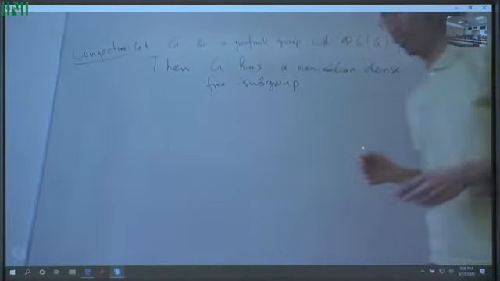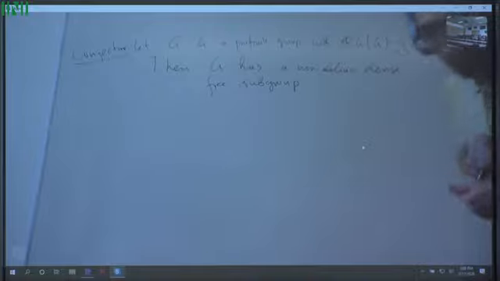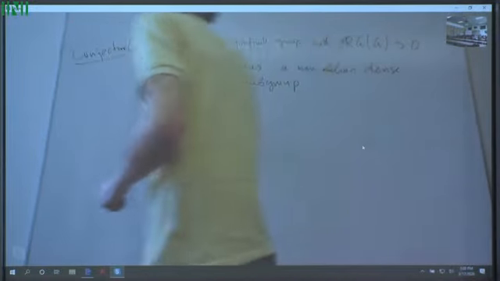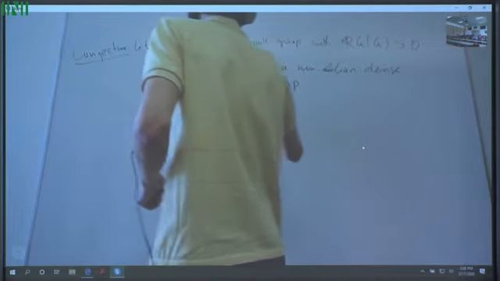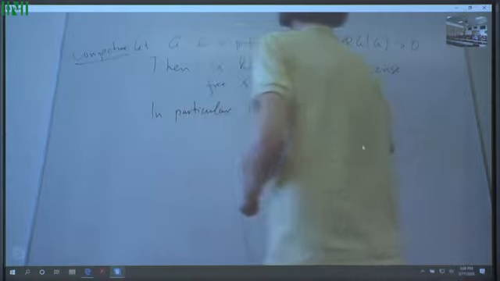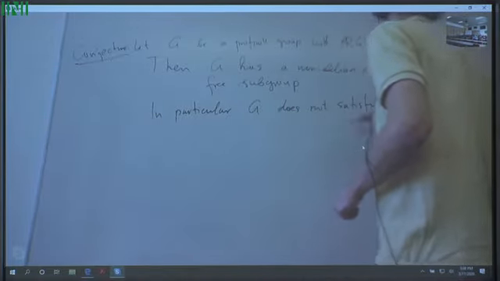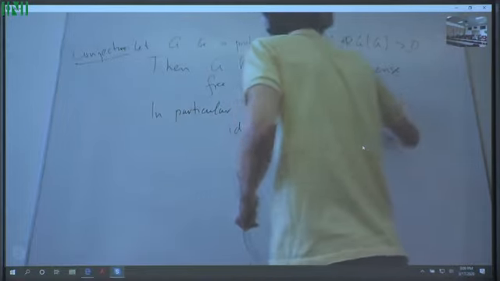So it's large, at least in that aspect. In particular, G does not satisfy a group identity.